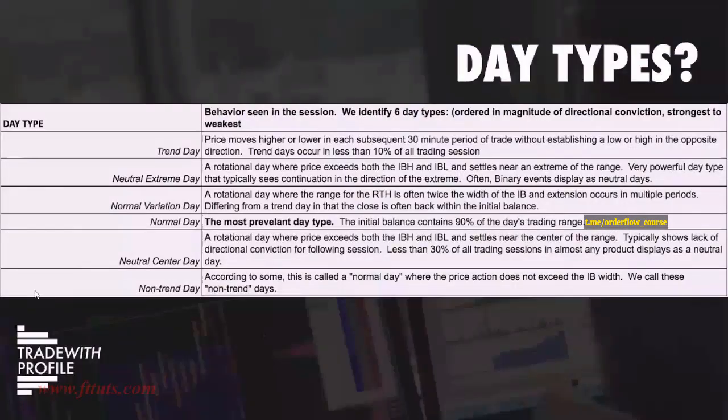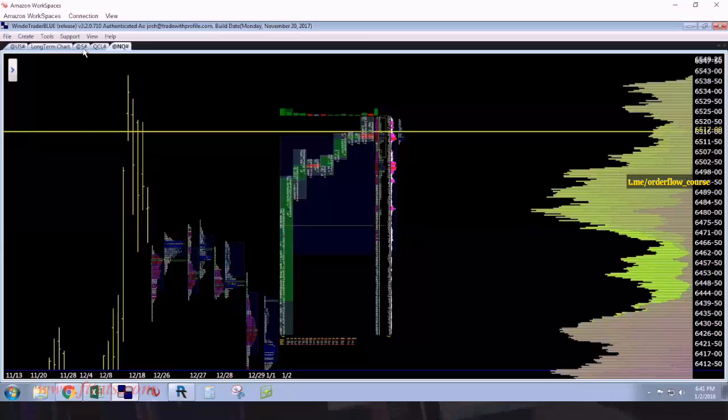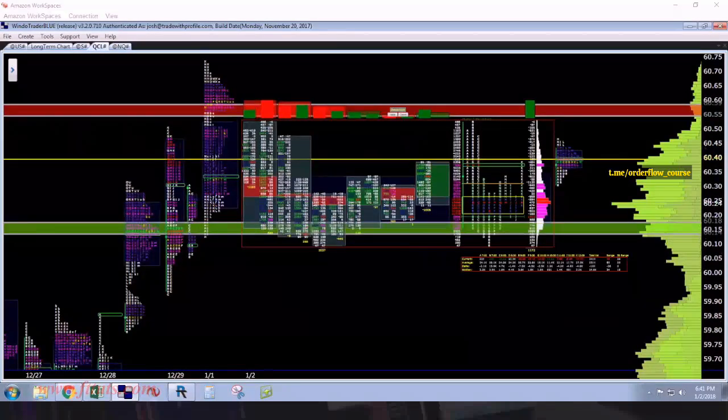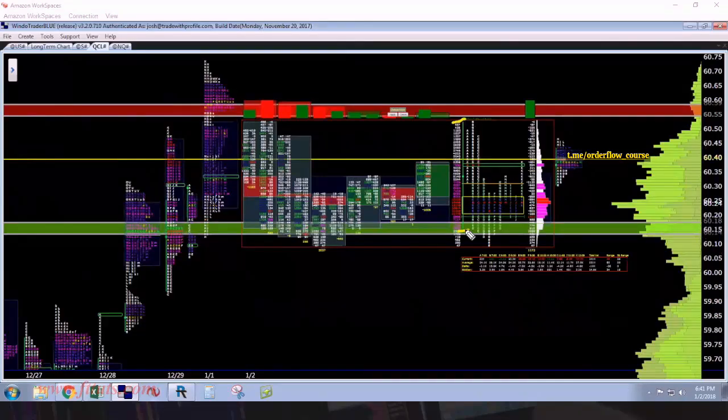A neutral extreme day is a day where we auction on both sides of the initial balance. We didn't have any neutral days today in any markets, but probably the closest we had would have been crude oil. We talked about the initial balance last module as one of the anatomy structures of the profile.